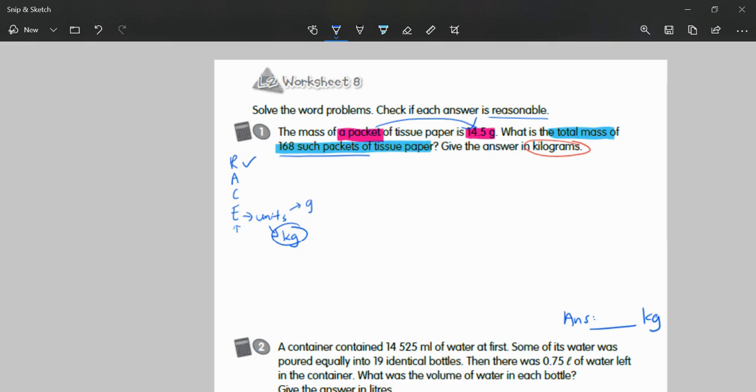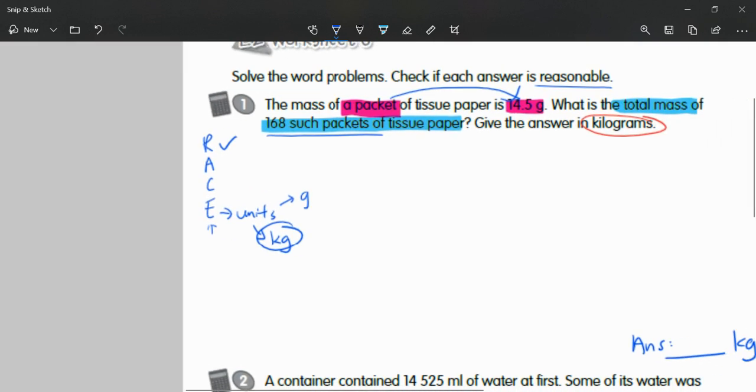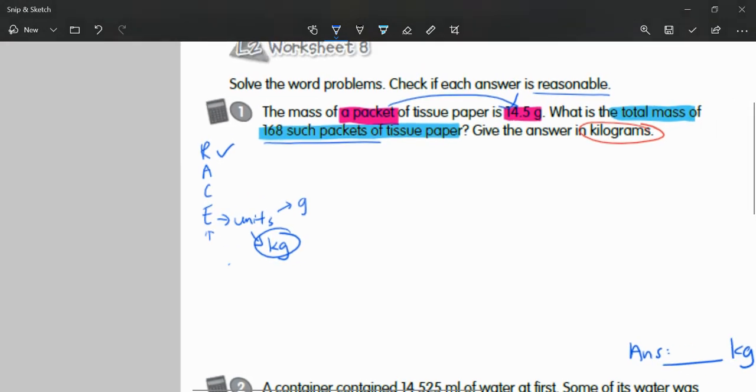As before, I like to write down some clues. Let me write down my clues at the side. Clues. One packet of tissue paper, 14.5 grams. Asking for 168 packets.